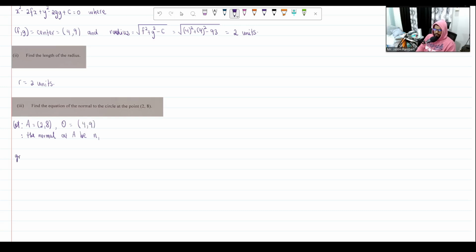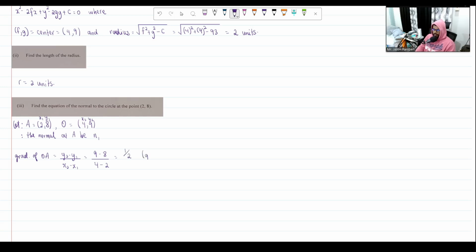The gradient of OA is equal to y2 minus y1 over x2 minus x1. This is equal to, label your points, x1, y1, x2, y2, y2 minus y1 over x2 minus x1. 9 minus 8 is 1 over 2.